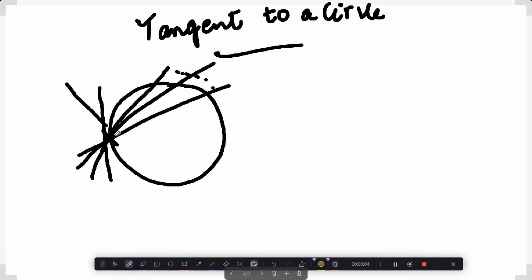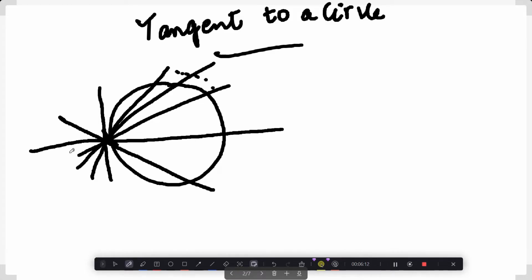It can move like this, it can move like this. In this scenario it is touching this and this. In the second scenario, this and this. Then the third scenario is touching this and this. In this scenario, it is just touching at one point, basically this AB.